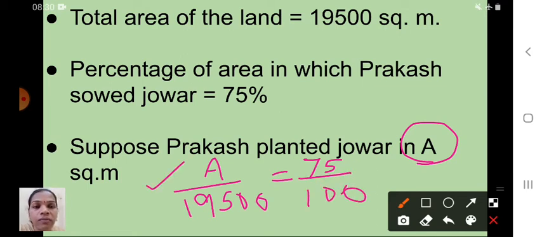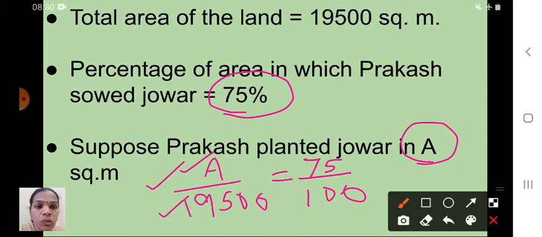Understood now? So children, in the previous sum I wrote A upon 100, isn't it? But here, the percentage is given. So 75 upon 100 will come. A is what? Square meter. The amount of square meter, which one we have to find, I have taken as A. So A upon the total square meter of that land, we have to write in the denominator.